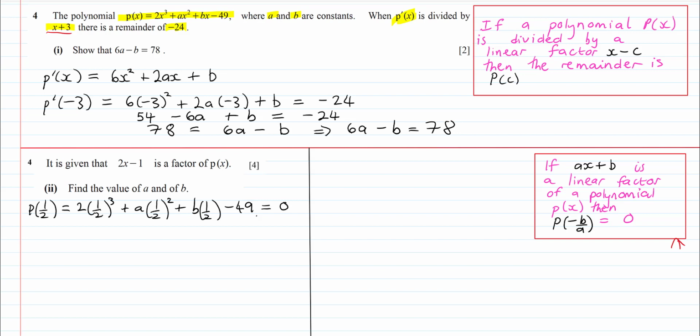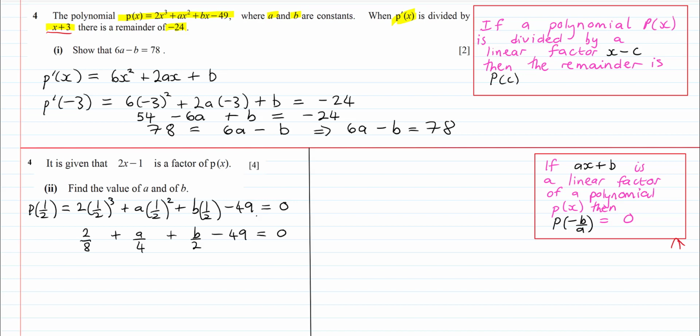Simplifying this a bit, 2 times 1 over 2 all cubed is 2 over 8, and then plus a times 1 over 2 all squared is a over 4, and then plus b over 2 minus 49 is equal to 0.